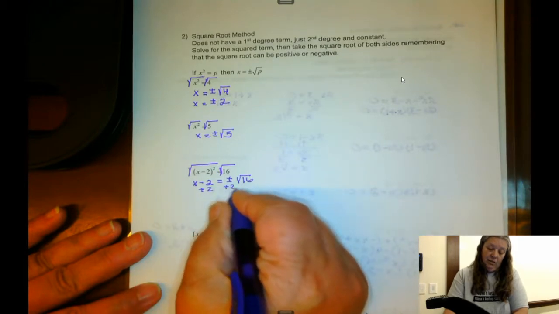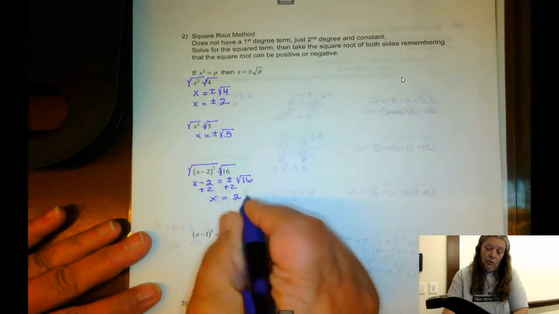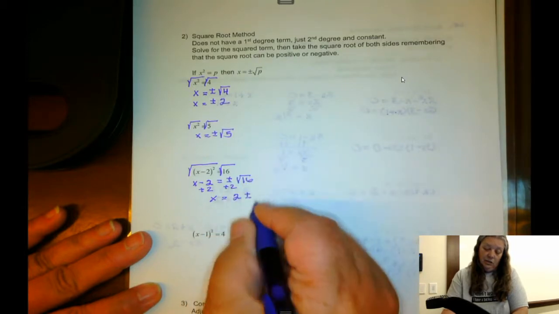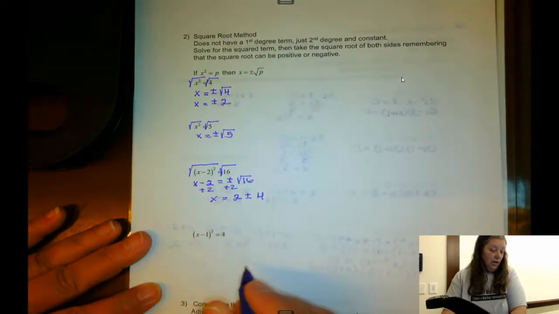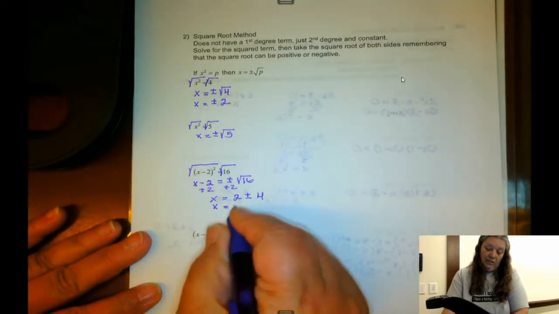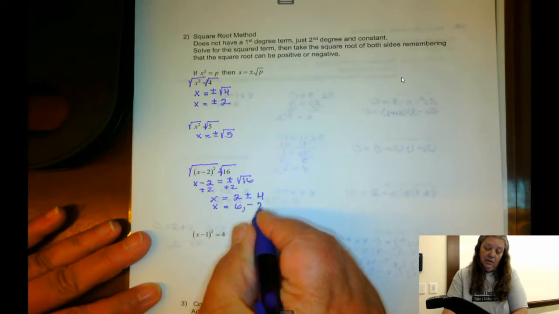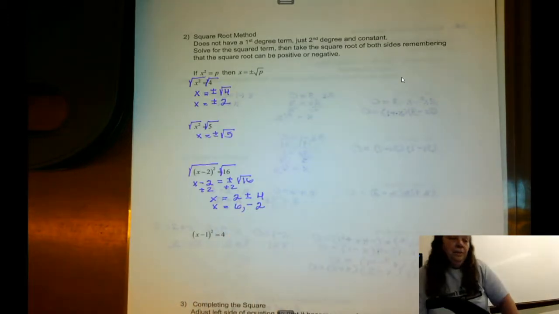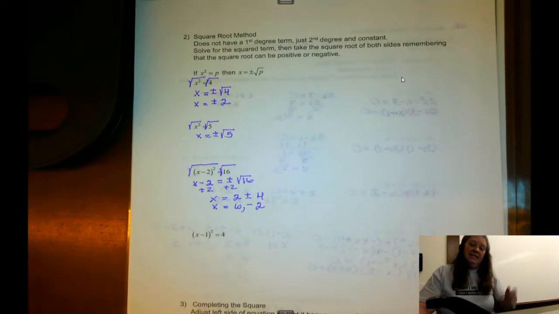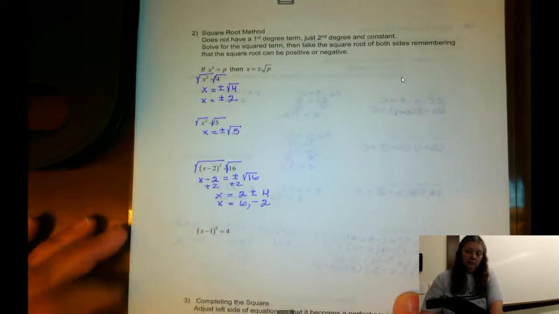Add a 2. We have x equals 2 plus or minus square root of 16, which is 4. So x equals 2 plus 4 is 6. 2 minus 4 is a negative 2. This is a little easier than multiplying out the x minus 2 squared, setting it equal to 0, and then factoring.